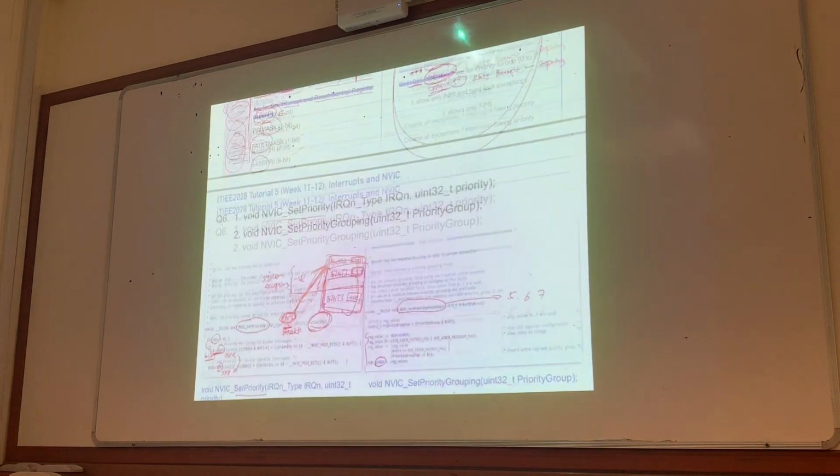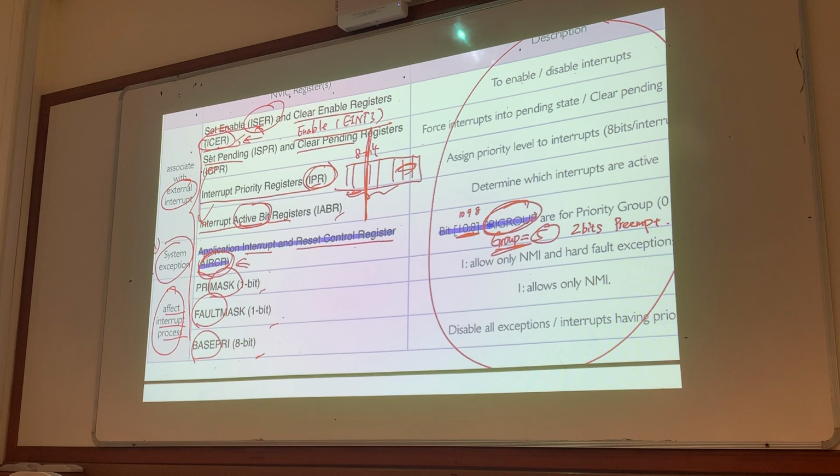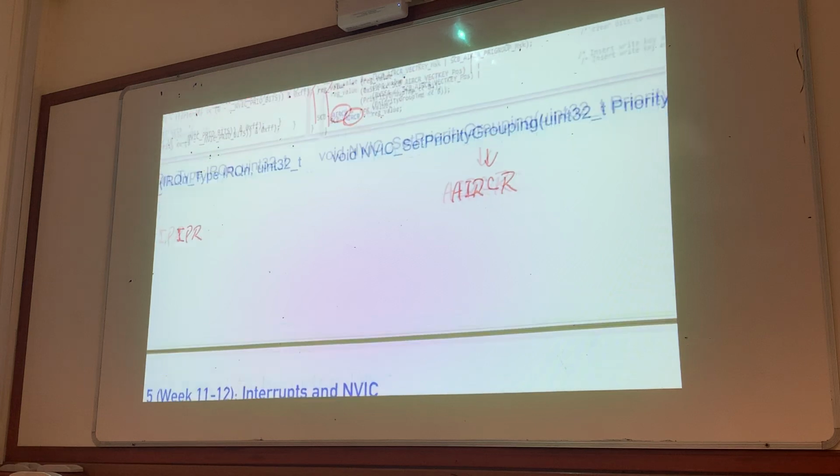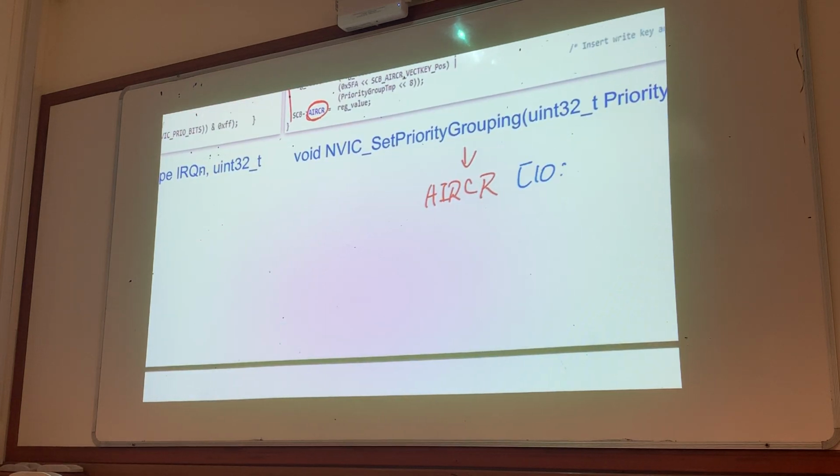Remember in the previous slides I was talking about AIRCR. Why we want to modify this one is because AIRCR bits 10 down to 8 are for your grouping. Any group number you want, you must write to this register, bits 10 down to 8. That's the task of this function: you modify bits 10 down to 8 to give the group value.